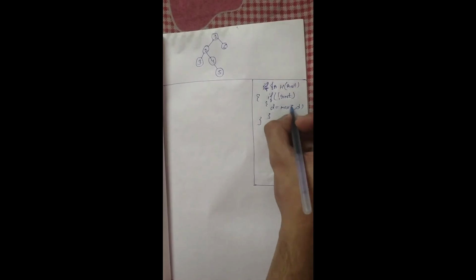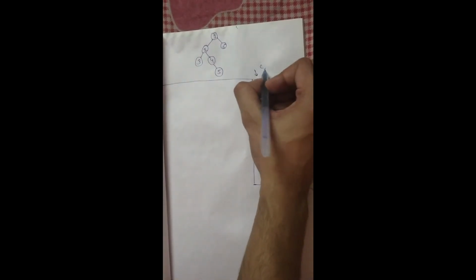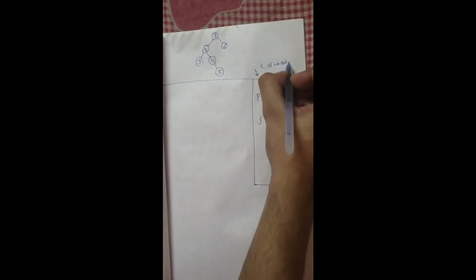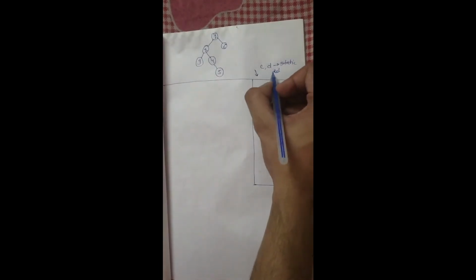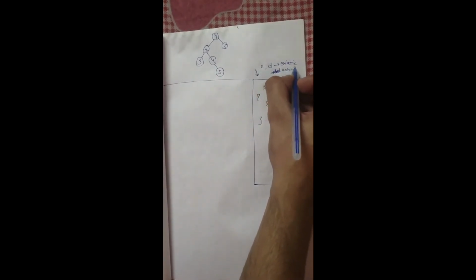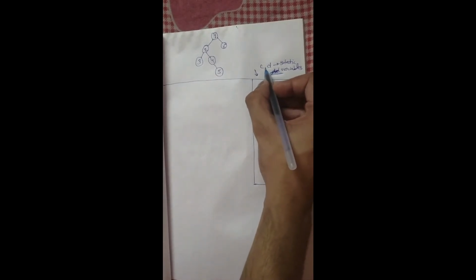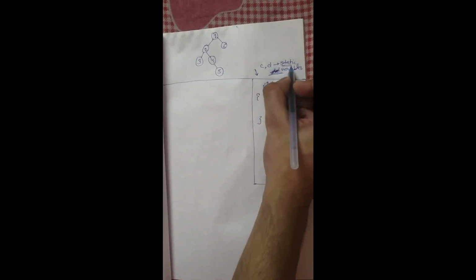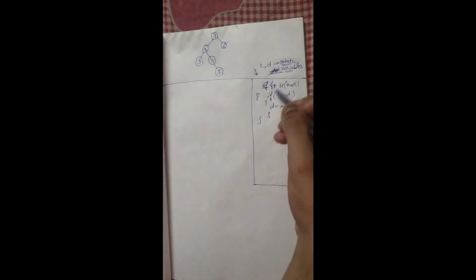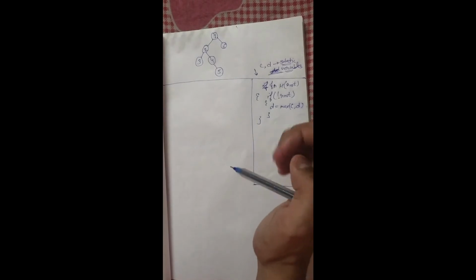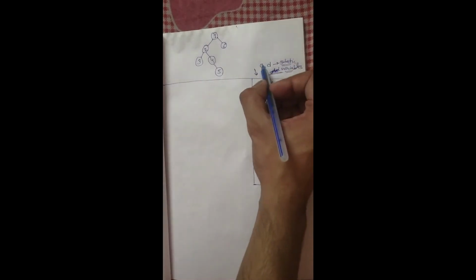C comma D. Okay, and here I am initializing C and D as static data members, static variables. So those who don't know what is static variable, it's just that when I'm calling function again and again, in between the many function calls, I want to retain these values.